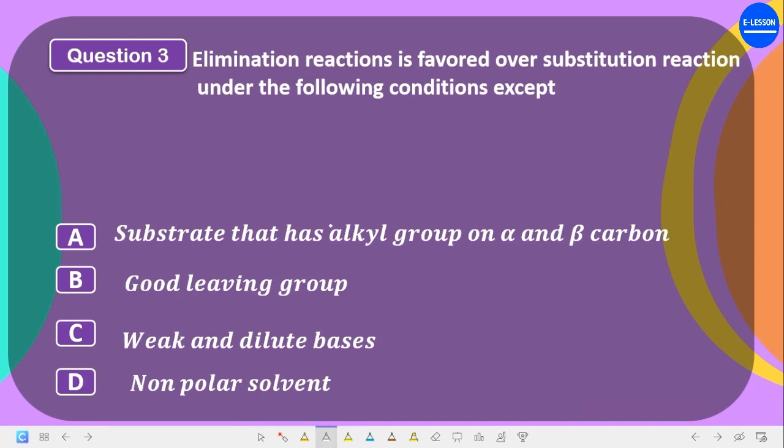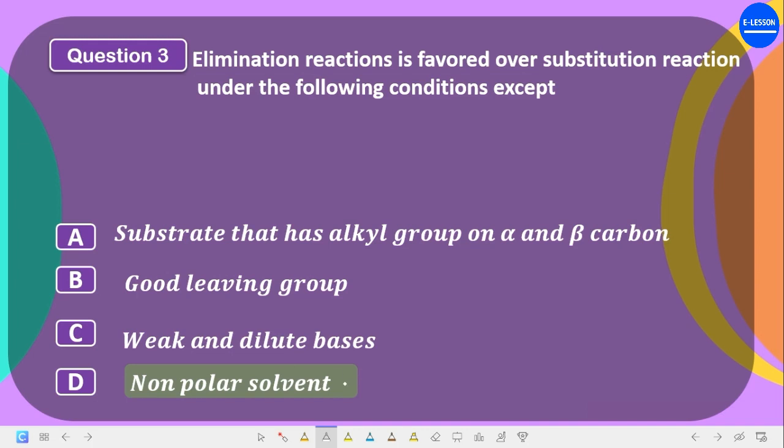Elimination reaction is favored over substitution reaction under the following conditions, except. Now I think the correct answer is C, weak and dilute bases.